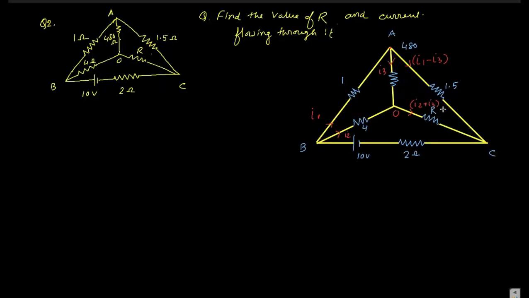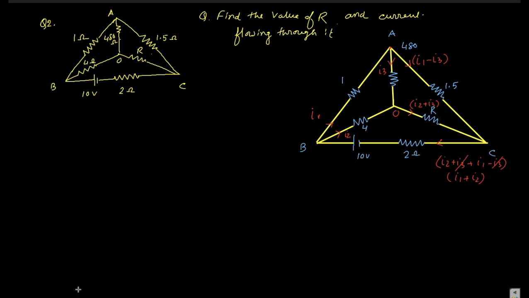So I2 plus I3 is coming out here, and I1 minus I3 is coming from AC. The net current flowing through BC is I2 plus I3 plus I1 minus I3. I3 cancels out, so I1 plus I2 is the net current. It means we can successfully distribute the current in the entire circuit.